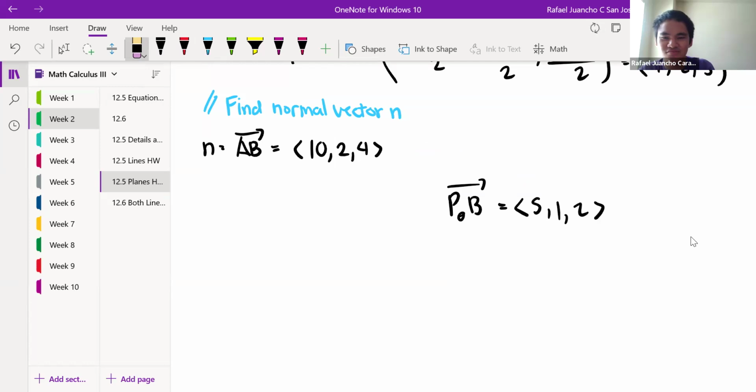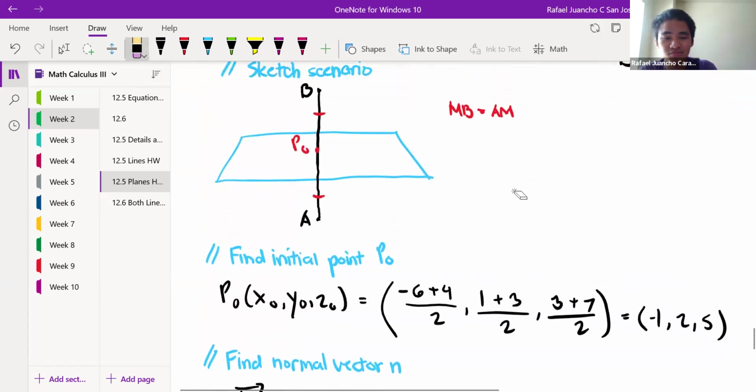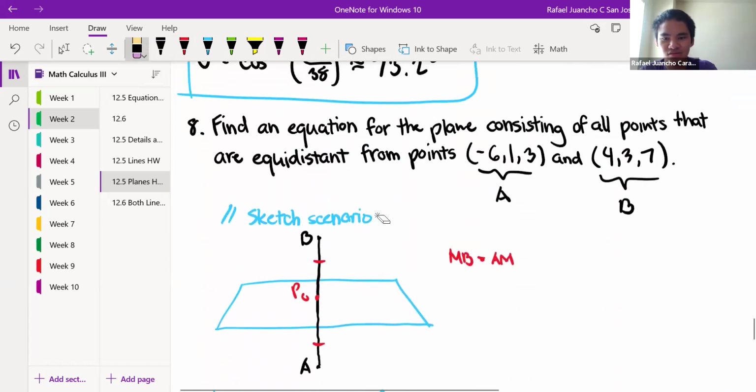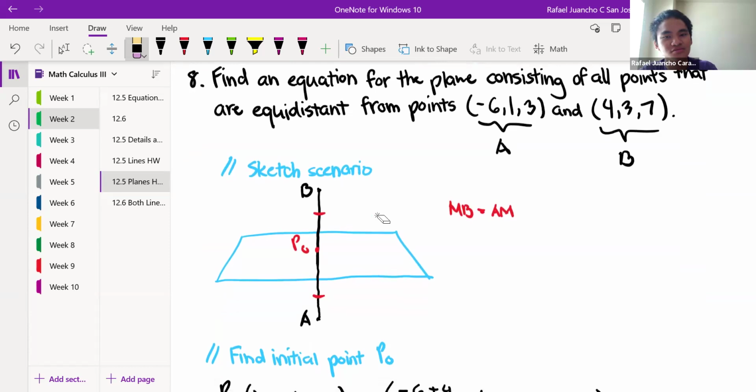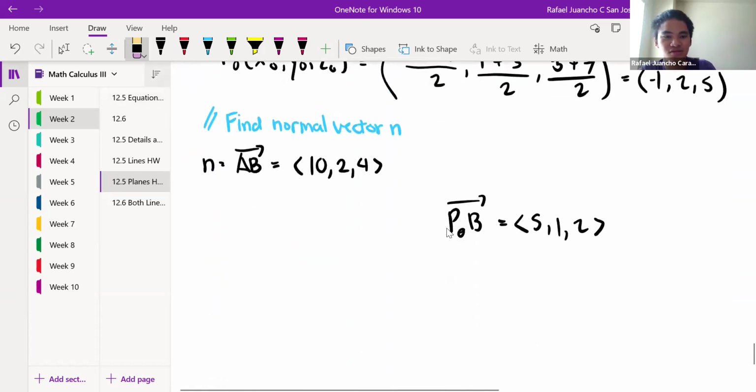But let's just do this. And probably, I wouldn't be surprised, we could also have done it with the other one. Direction is important here. I think we could have done A to P naught, because we're going up.